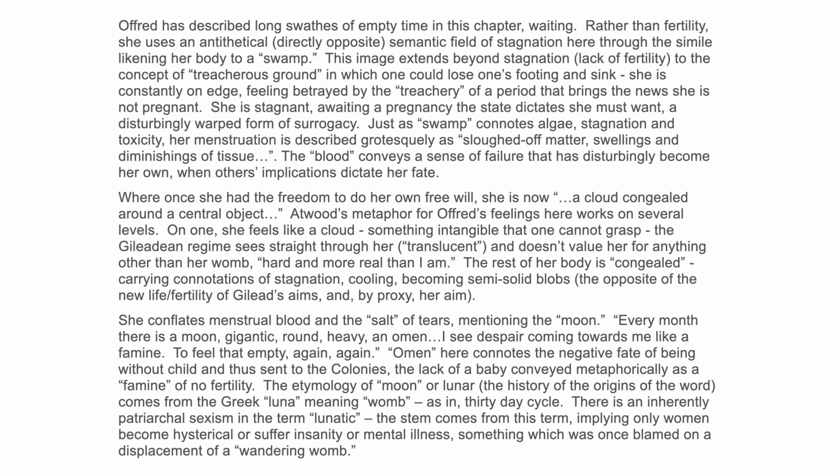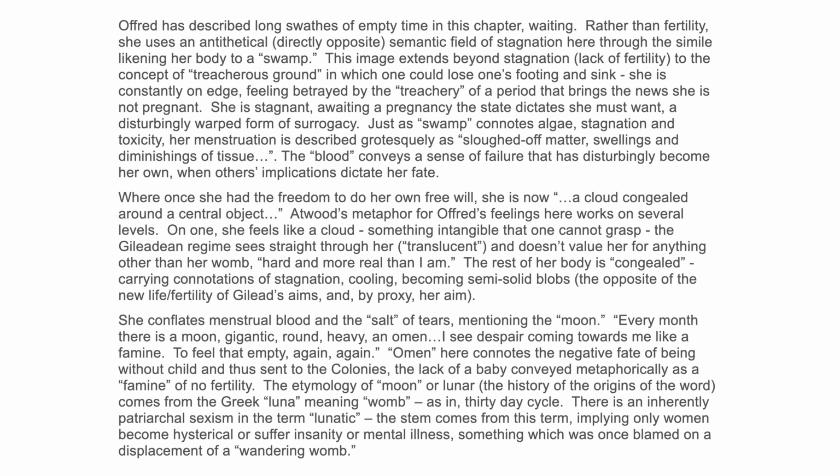The blood conveys a sense of failure that has disturbingly become her own emotional sense of failure, when it's actually others' implications that dictate her fate. She has become obsessed with having a baby for the means of others within this regime.